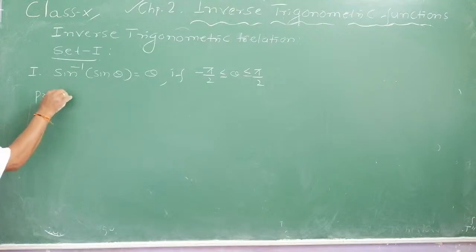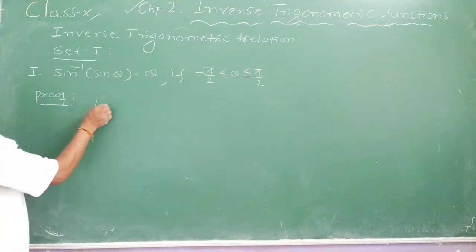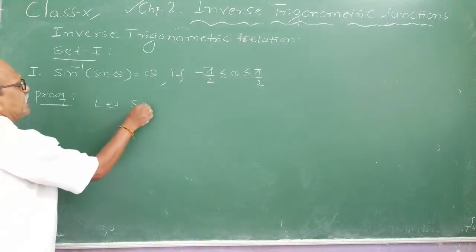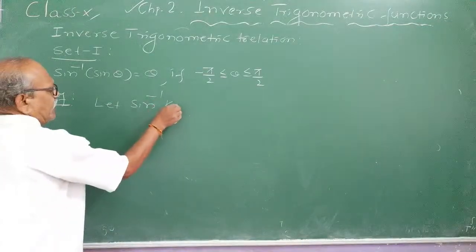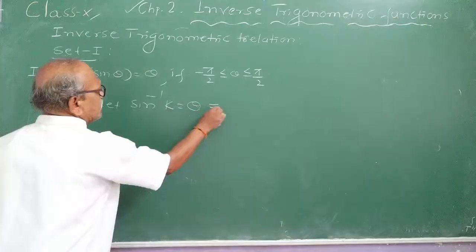Suppose that you are asked this for 1 mark: sine inverse of sine theta is equal to theta. How can you prove this? Remember, if sine inverse of any value k is theta, what does it imply?